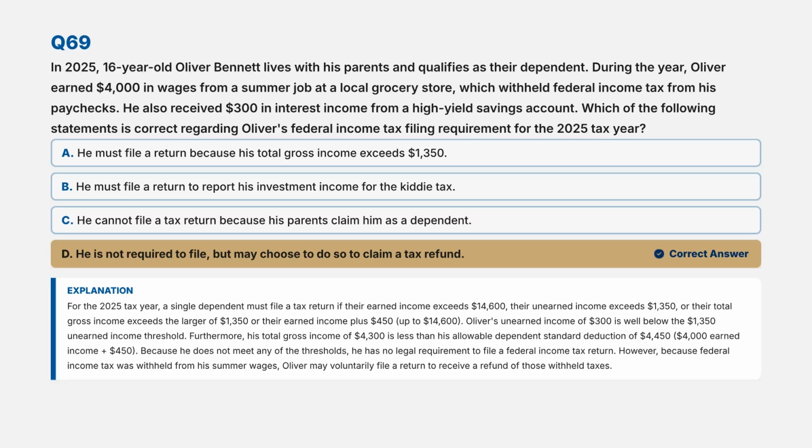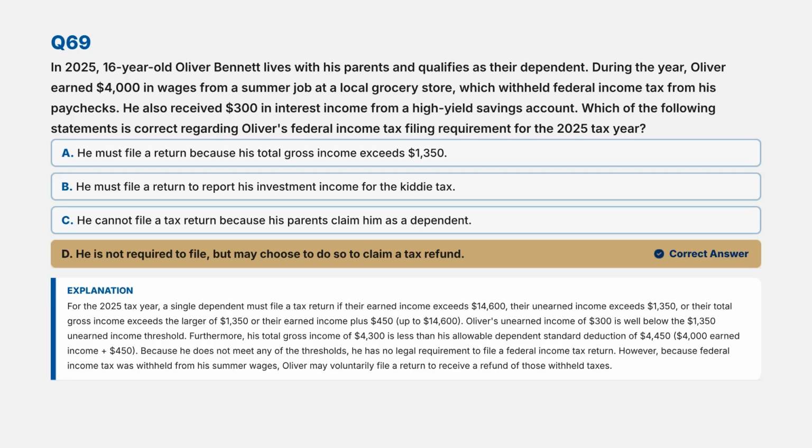Oliver's unearned income of $300 is well below the $1,350 unearned income threshold. Furthermore, his total gross income of $4,300 is less than his allowable dependent standard deduction of $4,450. $4,000 earned income plus $450.